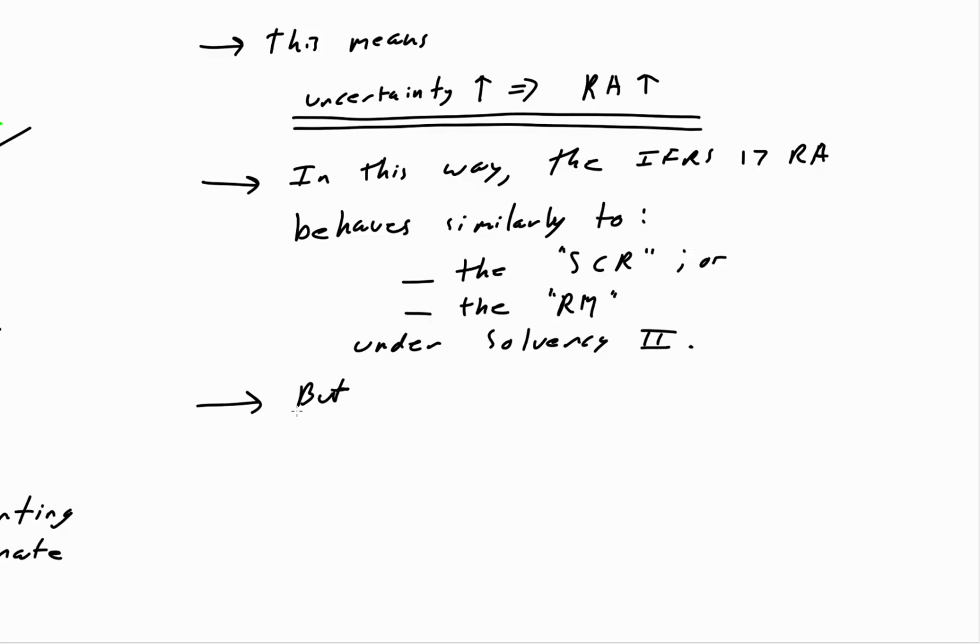But the RA calculation is different. So now you have best estimate liabilities different between IFRS 17 and Solvency II, and this risk adjustment is different to the risk margin under Solvency II.